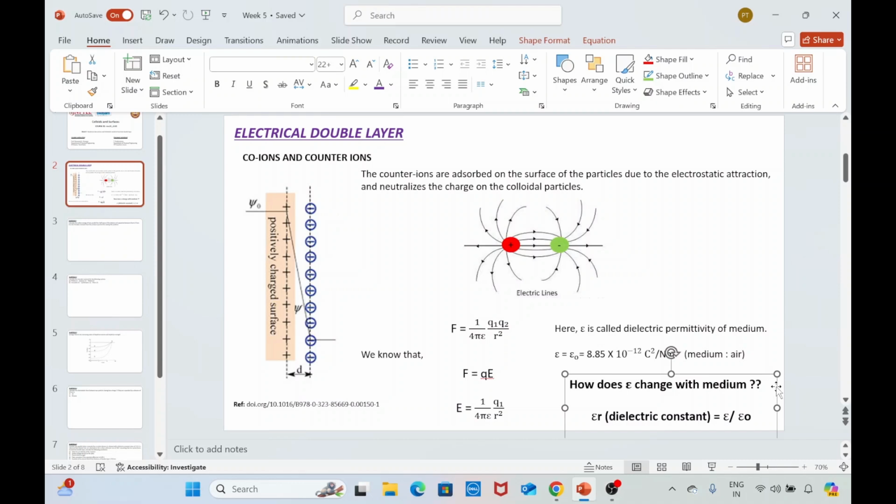Similarly, here also there is a particular role for the medium. So give some thought and some time to why your epsilon changes with the medium, and let us discuss these things in the next live interaction session. I'm giving you some time to really go through and understand why epsilon changes with the medium.